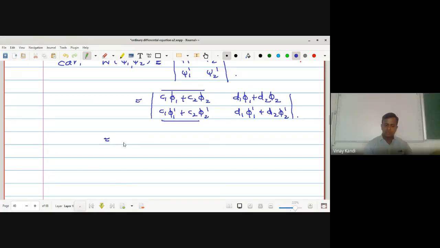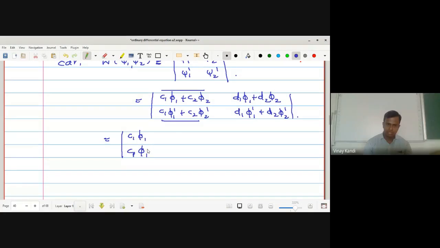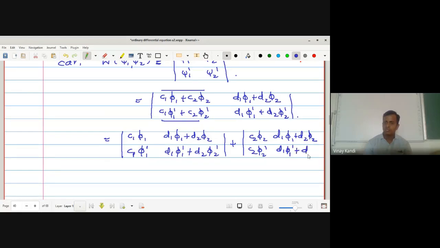Now expand this determinant. Look here: the first determinant has first column c1 phi1, c1 phi1 dash, and the second column d1 phi1 plus d2 phi2, d1 phi1 dash plus d2 phi2 dash, plus into the second determinant, first column c2 phi2, c2 phi2 dash, and second column d1 phi1 plus d2 phi2, d1 phi1 dash plus d2 phi2 dash.